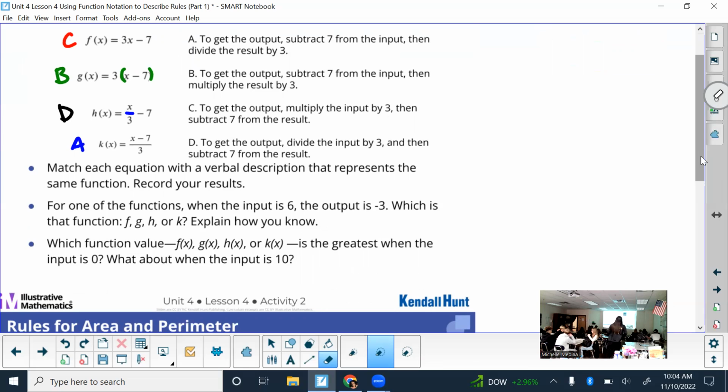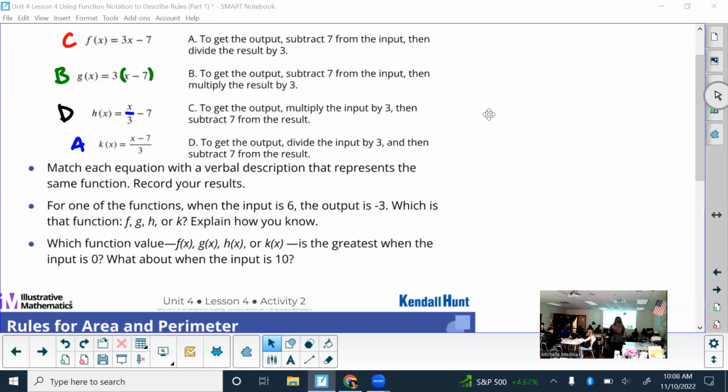Since most of you have 4 in your team, you can split up the work. Each of you try a different function, and whoever gets done early, or if you're a group of 3, can do the last one. For one of them, the input is 6 and the output is -3. Determine which one. I'll give you 1 minute.